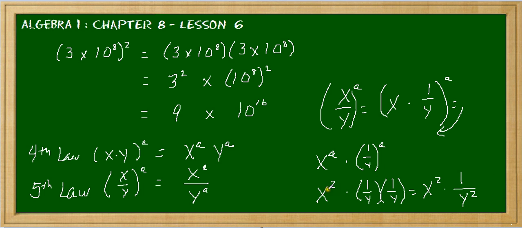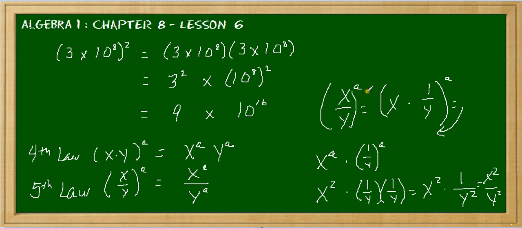So we can see that when we applied this exponent to 1 over y, the exponent applies to the denominator, because 1 times 1 will always be 1. Essentially, we've come all the way back to x squared over y squared, which goes to prove that x over y raised to the a power would be x to the a divided by y to the a.